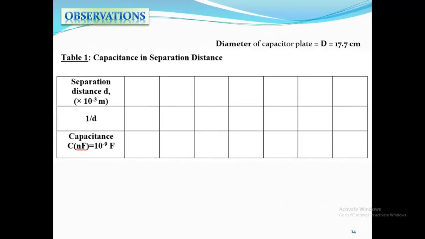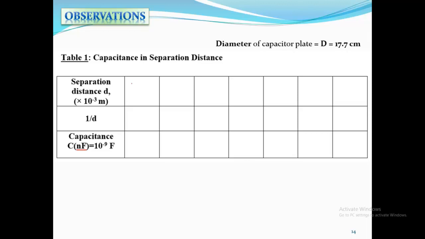Now this is the first part of the experiment, and as I told you, you have to start from any distance. What I did for you in the lab, for example, I started from 2 millimeter.